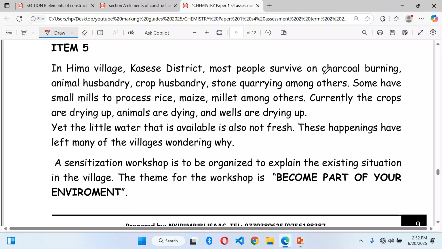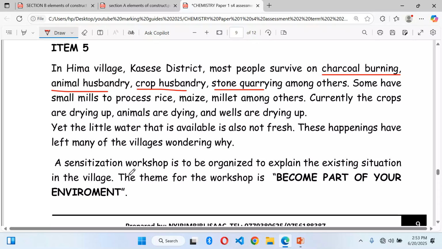So we have some human activities like charcoal burning, animal husbandry, crop husbandry, stone quarrying, among others. Some have small mills to process rice, maize, millet, among others. Currently, the crops are drying up, animals are dying, and wells are drying up. Yet the little water that is available is also not fresh. These happenings have left many of the villagers wondering why.